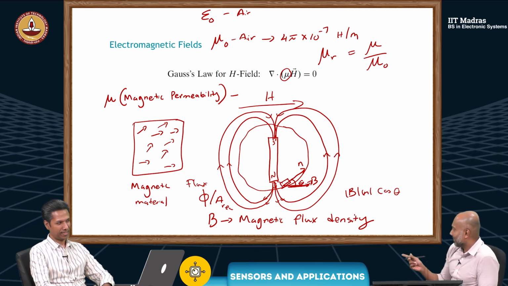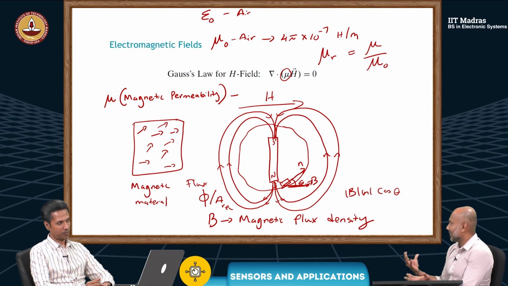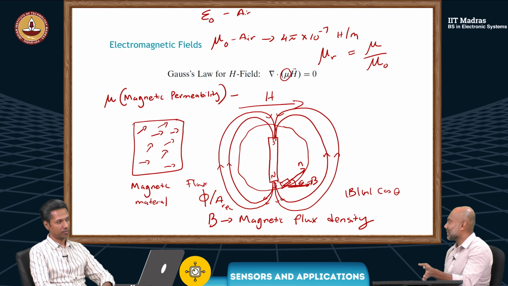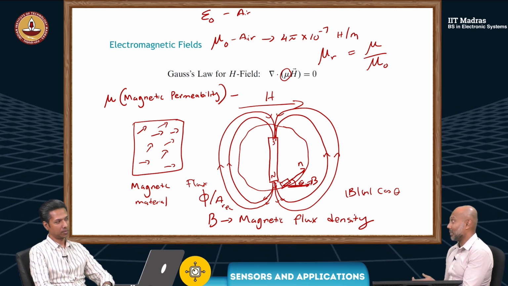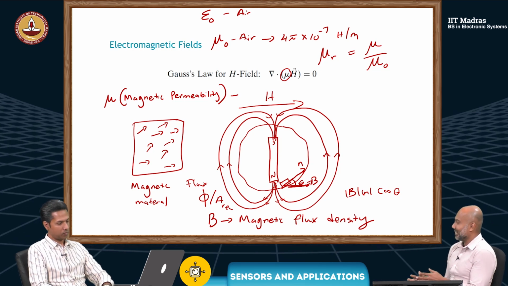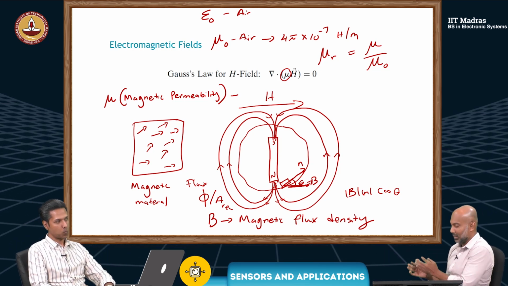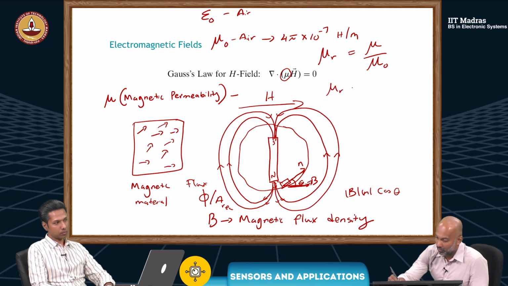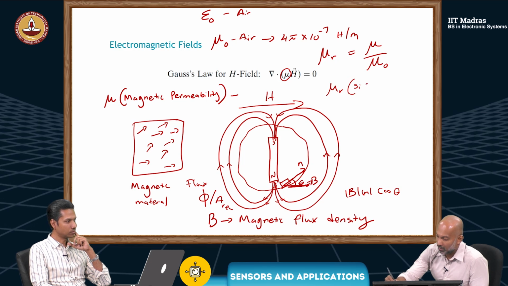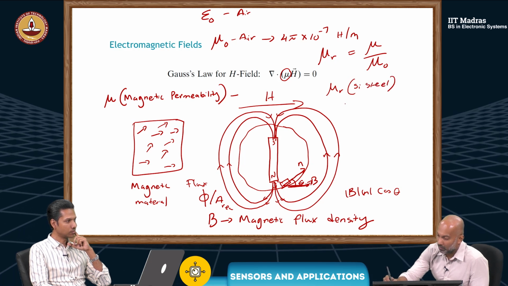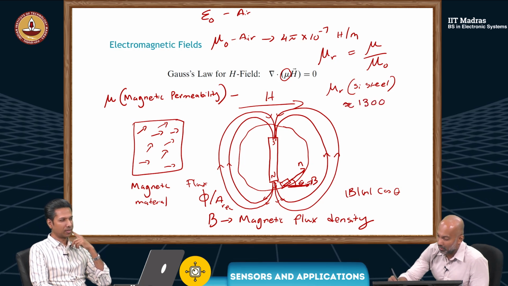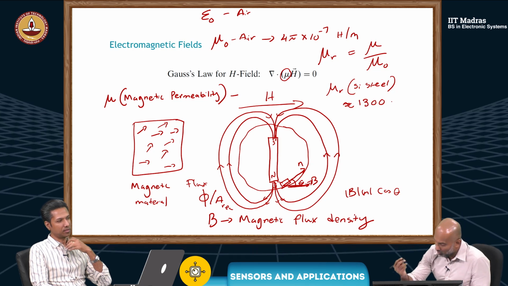So this is a good point. If you want to work with water, maybe magnetic fields are not the best option. Maybe it's better to use electric fields, which is why we separate magnetic field from electric field. Silicon steel is about 1,300, approximately, just to give you an idea.